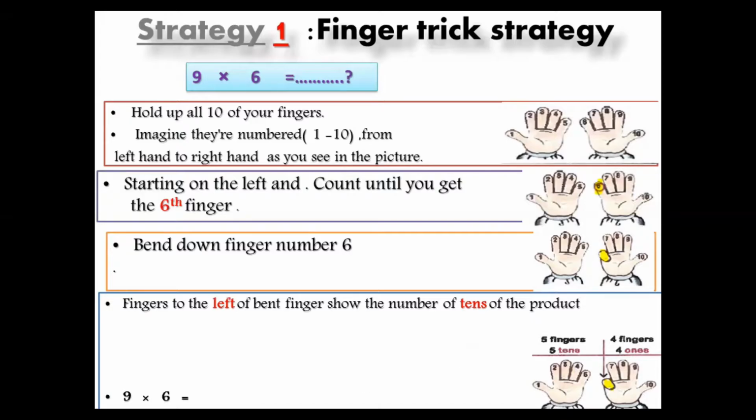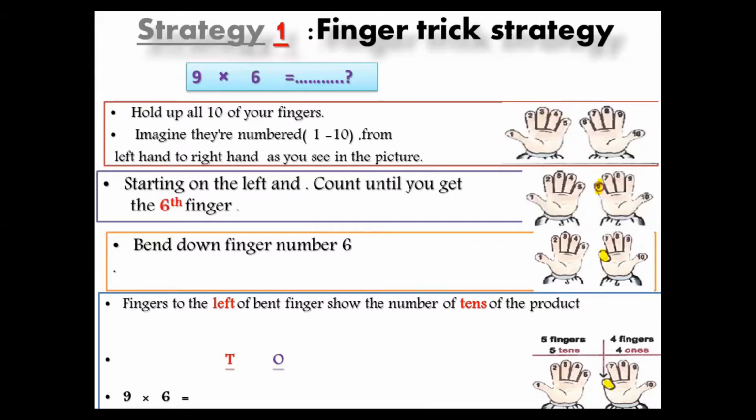If we write the multiplication sentence of 9 by 6 and you want to get the product, we count the fingers that come before the sixth finger, or the fingers to the left of the bent finger.